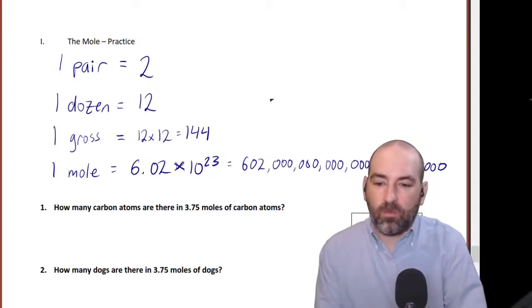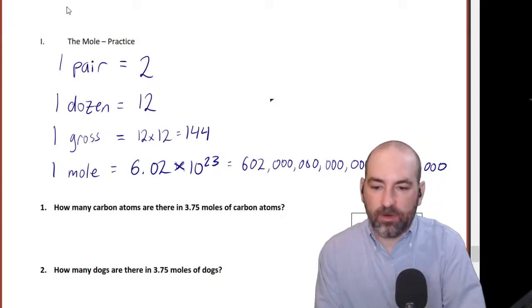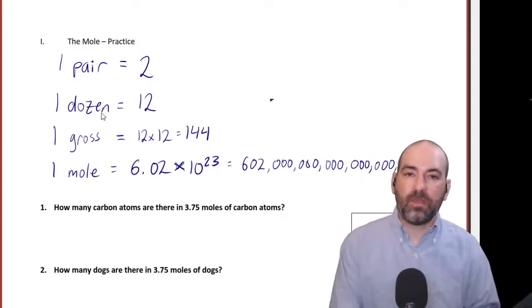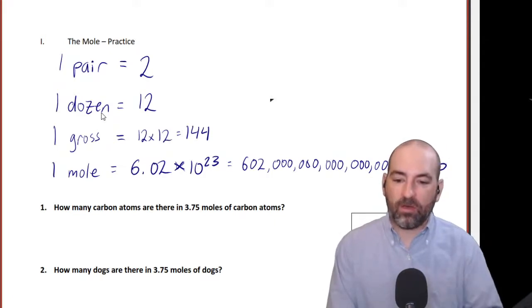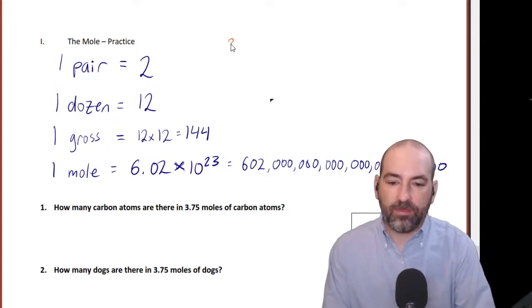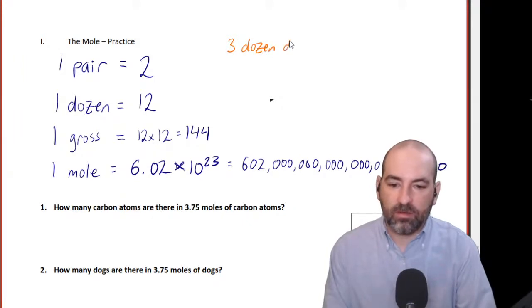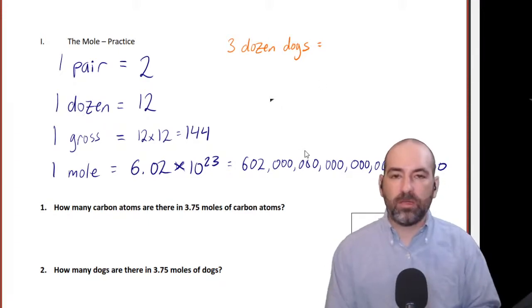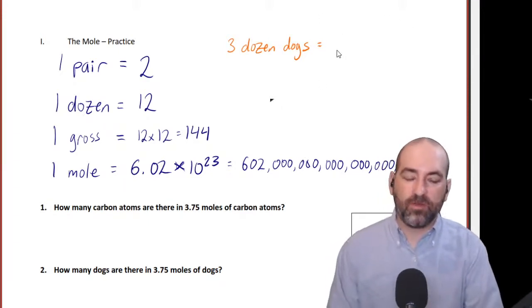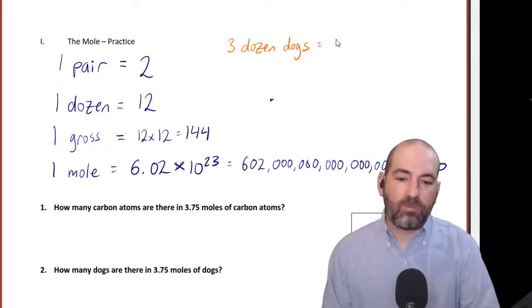So one way we can use these types of numbers is to substitute them in for the actual count. So if we said we had 3 dozen dogs, you could probably think about what that would be in your head, but if we wanted to think of it as a conversion factor, that would be 3 dozen.